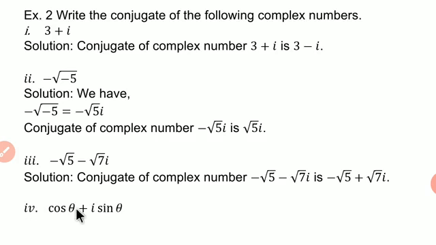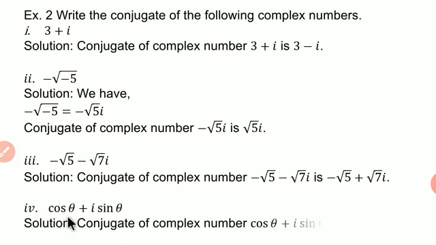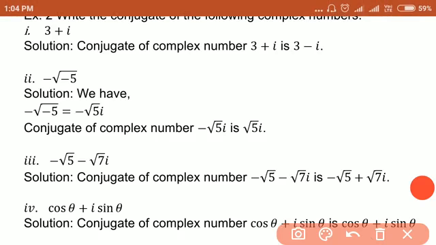It is cos theta plus I sin theta. So in the solution, the conjugate of complex number cos theta plus I sin theta is cos theta plus, sorry, here make the correction, cos theta minus I sin theta. Here instead of this plus sign we must write the negative sign.